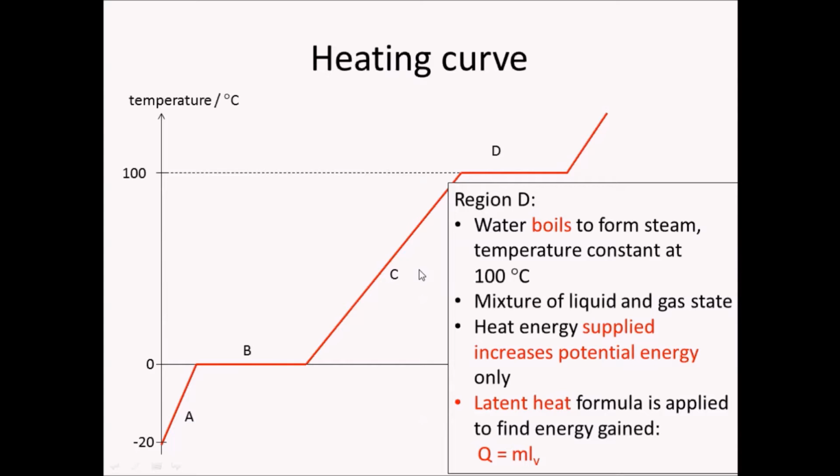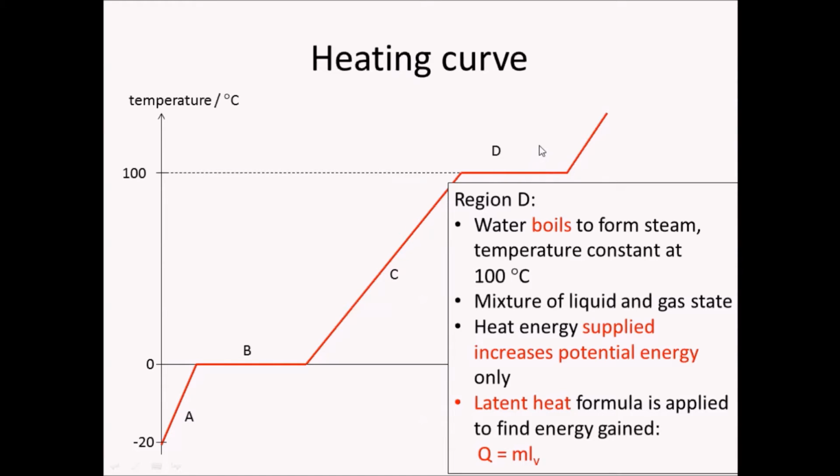Because it is only a temperature increase without a change in state, the change for regions A and C is only kinetic energy. Potential energy, no change. When kinetic energy changes, you only use the specific heat capacity formula. So A and C: kinetic energy, and the specific heat capacity formula.